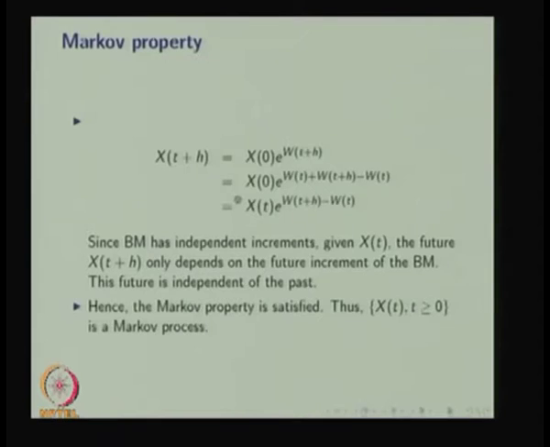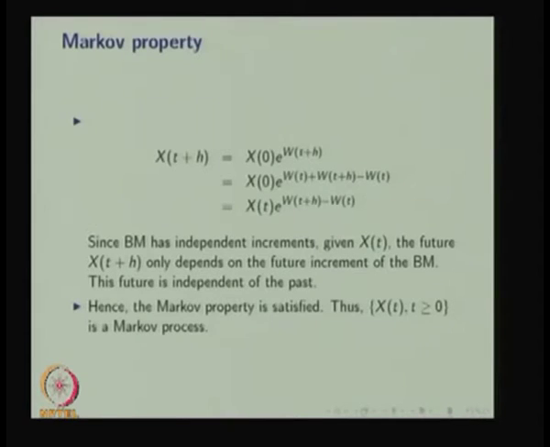Given X of t, X of t plus h depends only on W of t plus h minus W of t. Since W is a Brownian motion, the increments are independent. Therefore, W of t plus h minus W of t is independent of W from 0 to t.